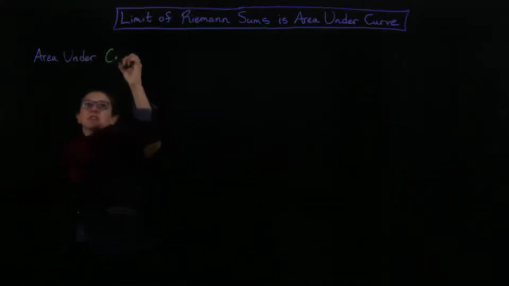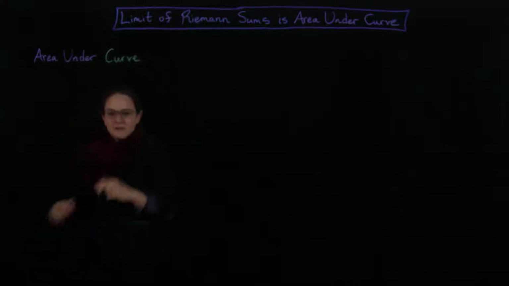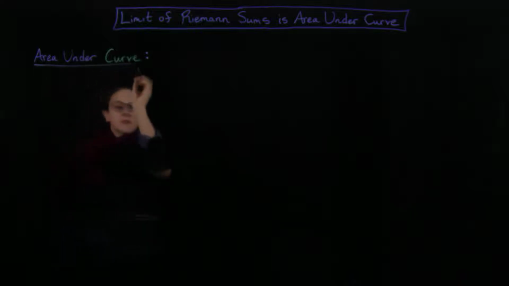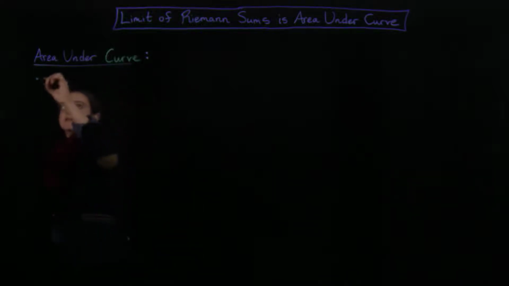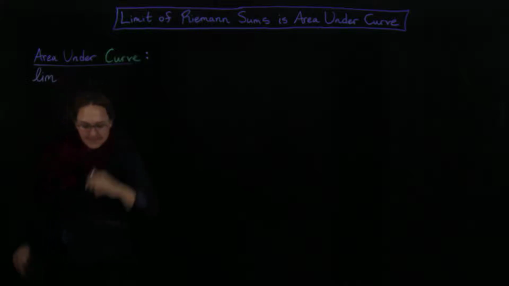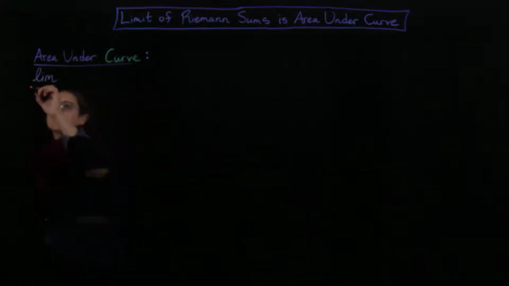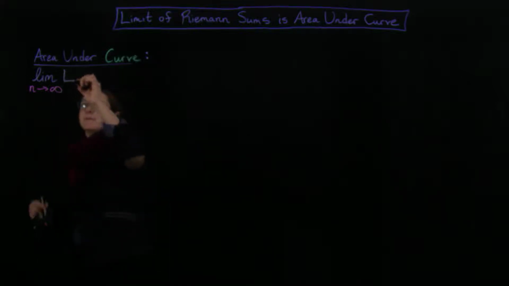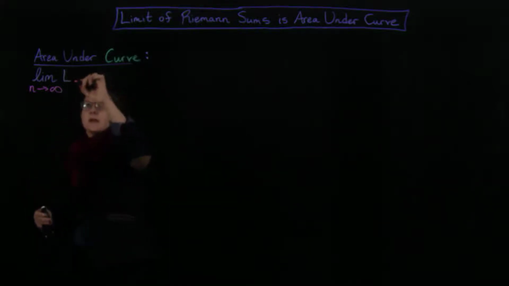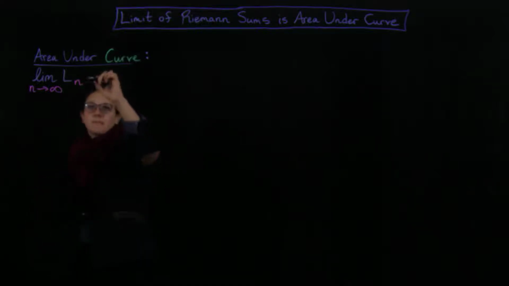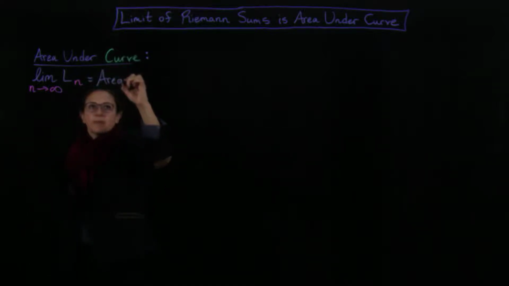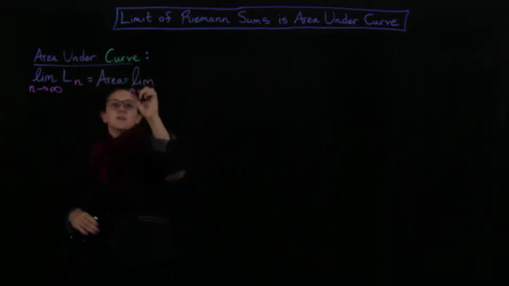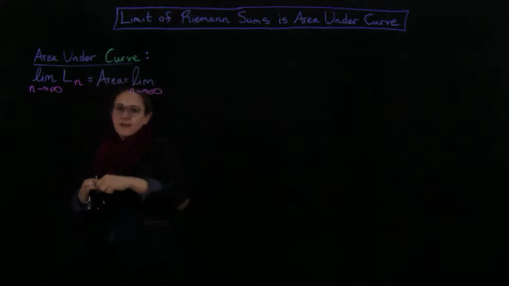So the area under a curve is going to end up equaling the limit as n goes to infinity of the left-hand limit, and it is also going to equal the limit as n goes to infinity of the right-hand limit.